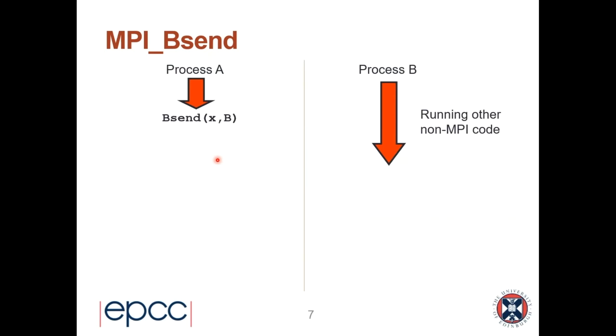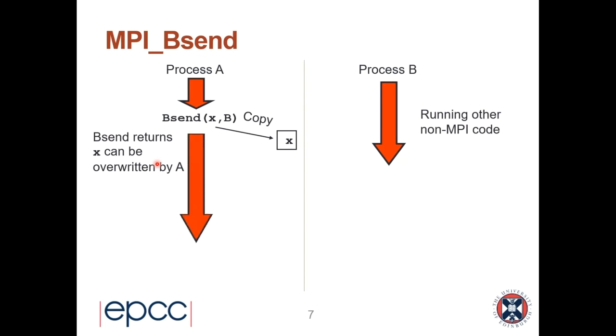What happens here is that the data is copied into some internal buffer, and then immediately the bsend returns. But still, X can be overwritten by A. When a send operation, doesn't matter which one it is, completes, it means that you can overwrite the send buffer, which is good. You can reuse the data, so you can carry on. Process B, at some later point, issues a receive.